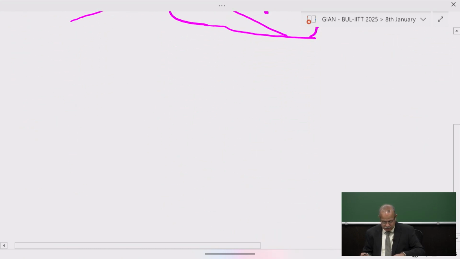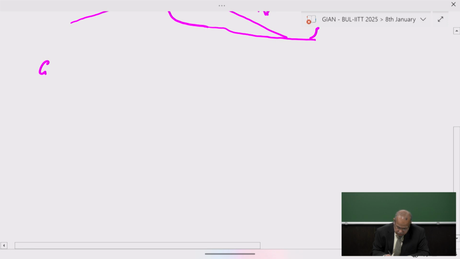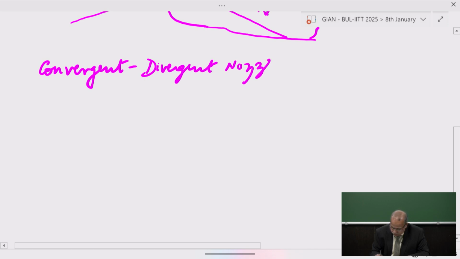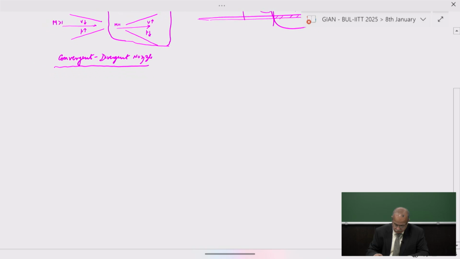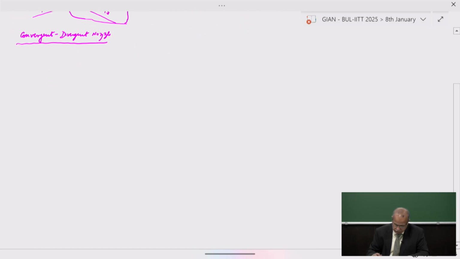That is what we're going to look at today, the convergent divergent nozzle. Before we actually start, let's try and understand some basic fundamentals which are known to most of us at the moment.